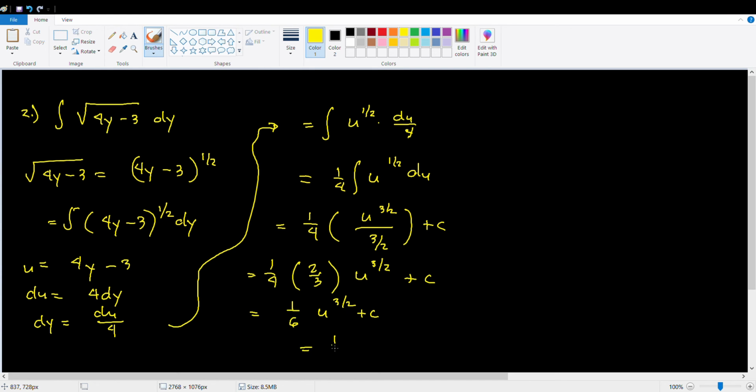It's equal to 1/6 times 4y minus 3 raised to 3/2 plus c, and this is our final answer.